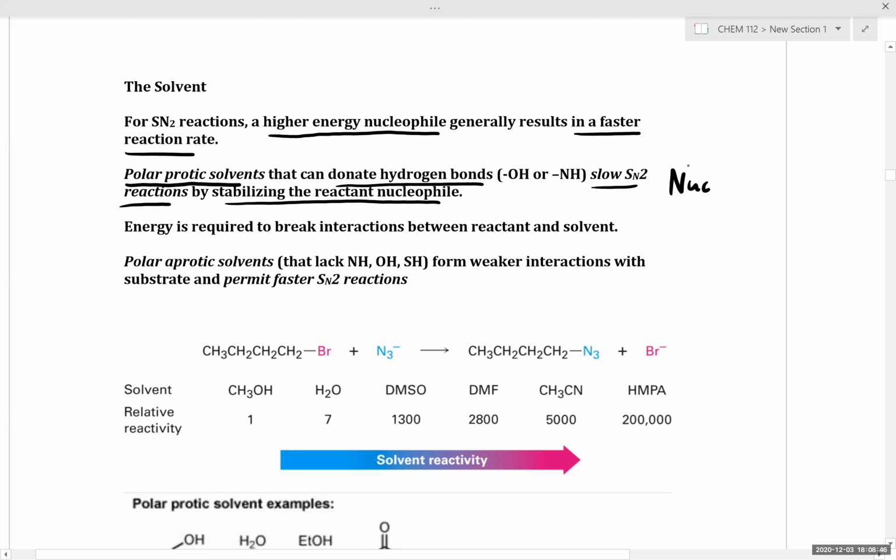So if we have our nucleophile with its lone pair, hydrogen bonding protic solvents, such as for example, an alcohol solvent, are able to stabilize our nucleophile via hydrogen bond, and in turn, our nucleophile is less reactive.